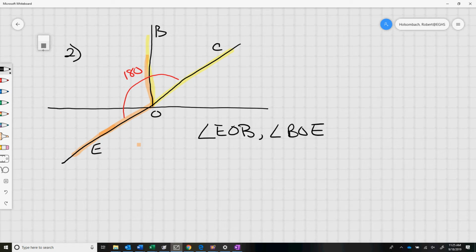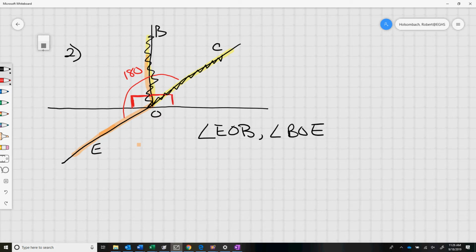The next question asks for complementary to COB. So you're still dealing with COB, and you need complementary to it, or something that adds to it that sums 90 degrees. And this symbol is down here in the corner. So if the left side of OB is 90 degrees, then the right side of OB is also 90 degrees.